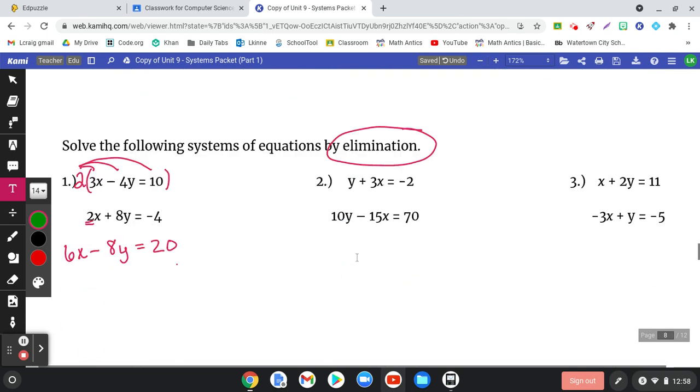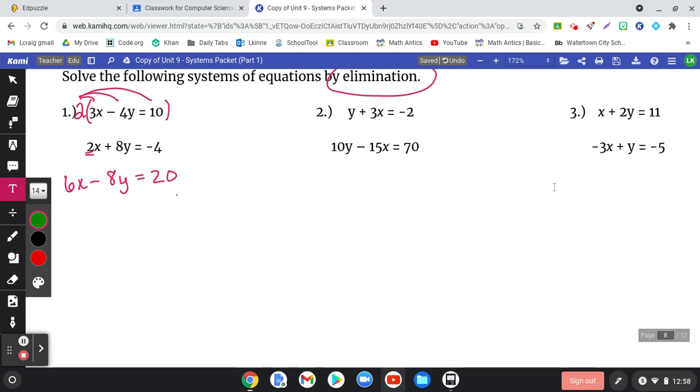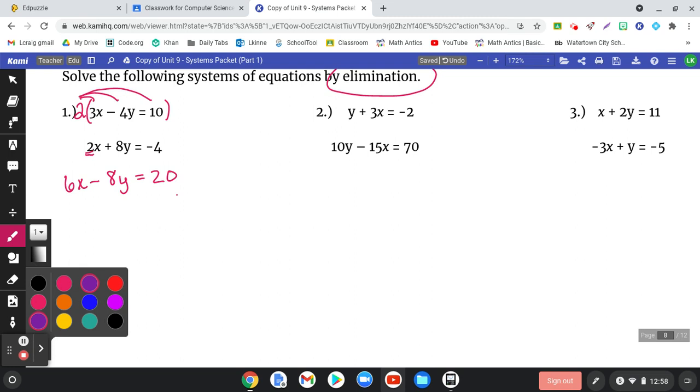Now, let's go ahead and do that. So the lead coefficient of the top, the beginning variable for the top equation, is 3. What's the opposite of 3? -3. So when I distribute that through, -3 times 2x is -6x. -3 times 8y is -24y.